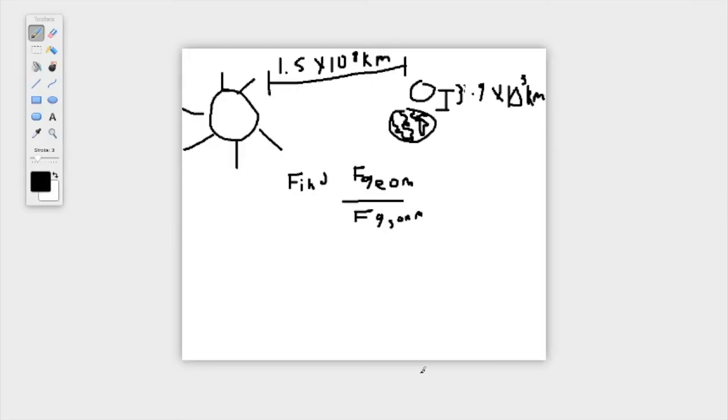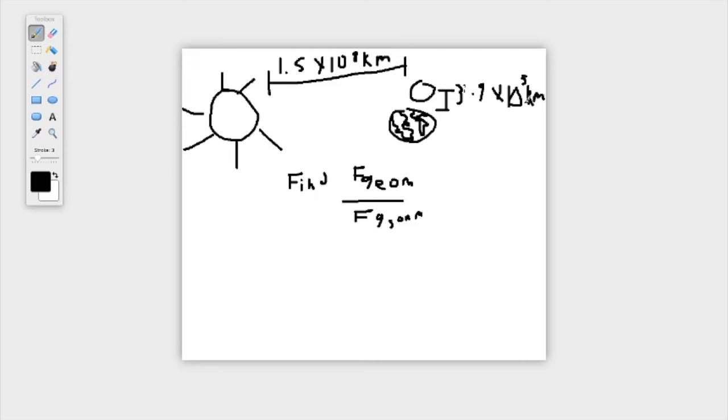Alright, so this next part, we basically have the sun, the moon, and the earth. The distance between the sun and the moon is 1.5 times 10 to the 8th kilometers, and the distance between the moon and the earth is 3.9 times 10 to the 5th kilometers.